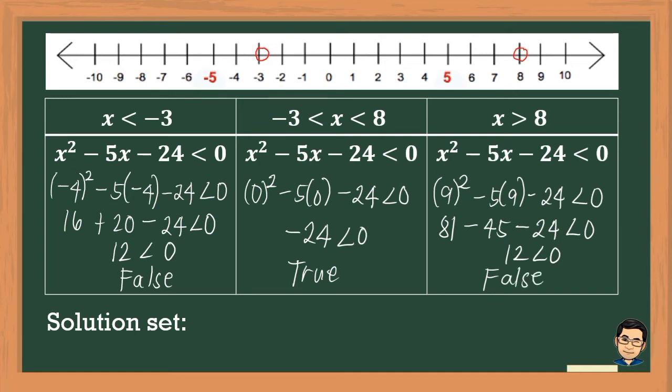So, based dyan sa mga sinubstitute natin, nag-true lang siya dun sa interval na x is less than 8 but greater than negative 3. So, ibig sabihin, yun po yung ating solution set.